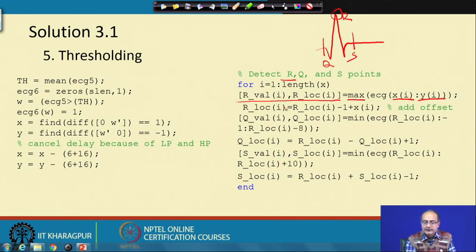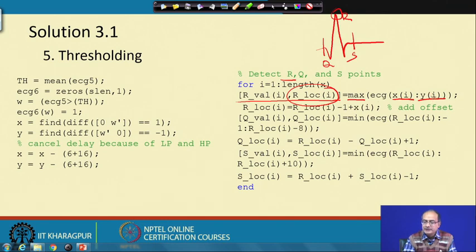Now, we are running a for loop to get all the values. After getting this, we need to keep in mind that this location is disturbed. How is it disturbed? We have calculated the location within a small range between xi and yi. If the signal has a few thousand samples, this could be maybe a few tens of samples.